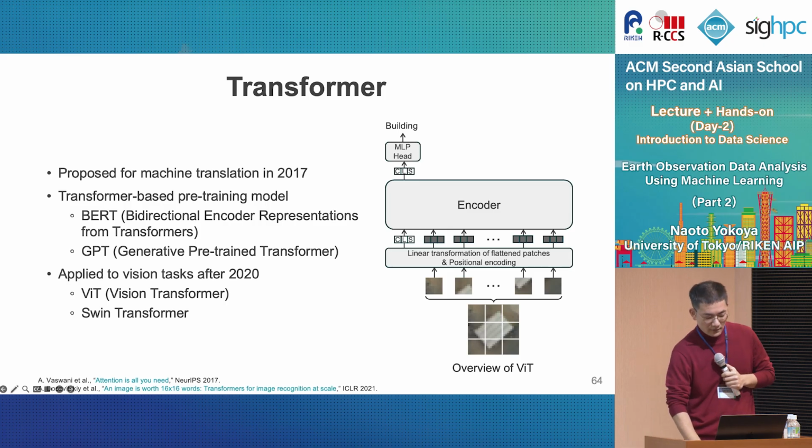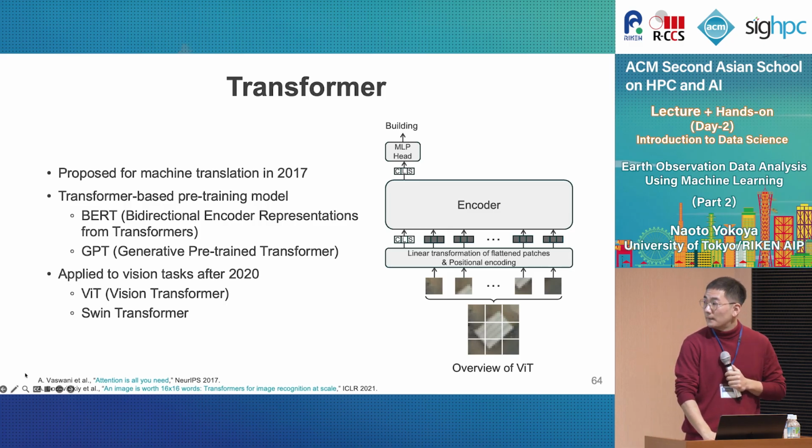If you are interested in the vision transformer, you can take a look at the original paper. They try to imitate the original transformer in NLP in order to see how it works for computer vision tasks.